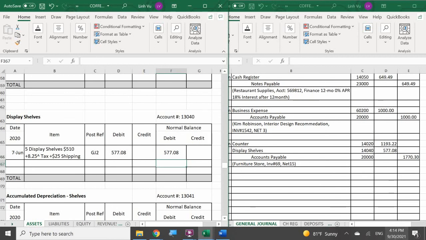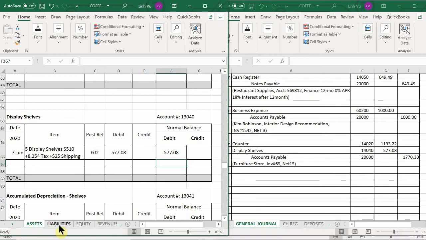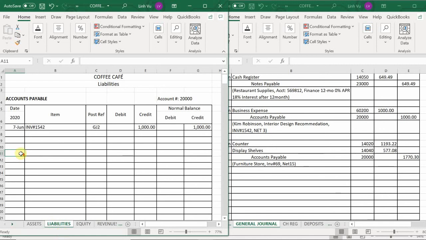The last account that we have is going to be our accounts payable, right? Because we received a bill from the furniture store. So in this case, it is the 7th. Invoice number 69 is all you need because you can always look up the invoice information on the subsidiary ledger.